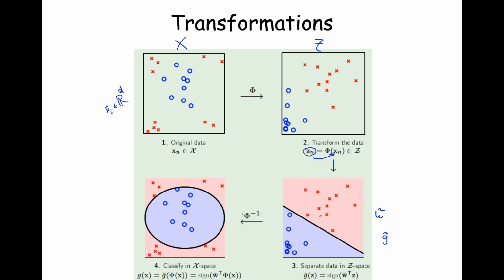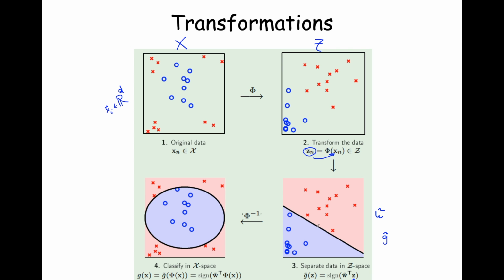But if we look at this final best hypothesis g, we can actually draw that nonlinear decision boundary in the original representation. How might we do that? Well, remember, sign of w transpose x, if it's greater than 0, it's one data point, the positive examples. If it's less than 0, it's the other examples. But the linear model itself are all those values in feature space Z for which w tilde transpose z is exactly equal to 0.